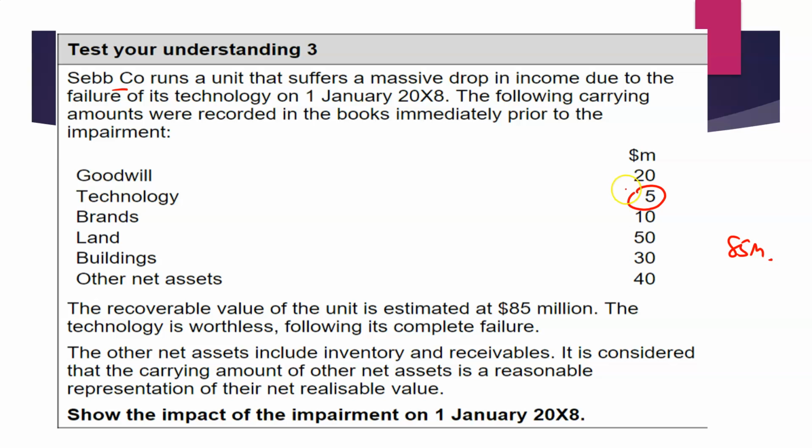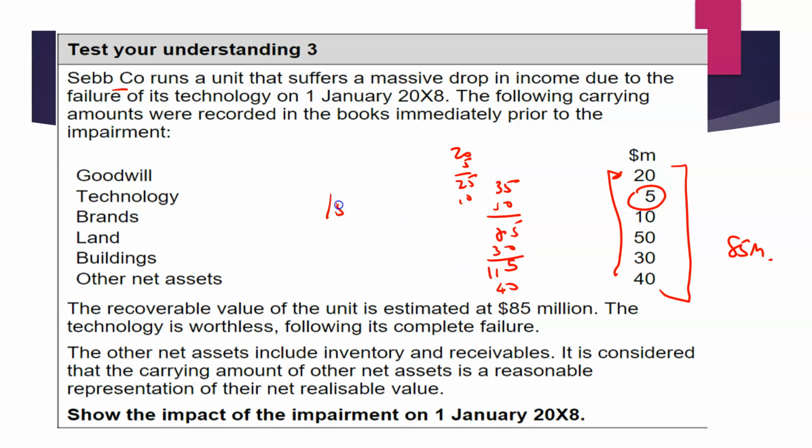We're currently recognizing this CGU at this value. Let me just add that up: 20 plus 5 is 25, plus 10 is 35, plus 50 is 85, plus 30 is 115, and then I have 40, and then I have here 155.